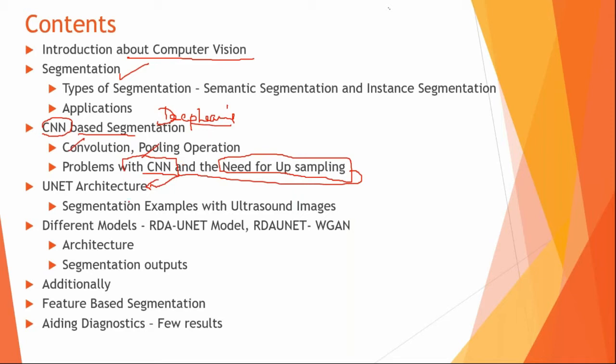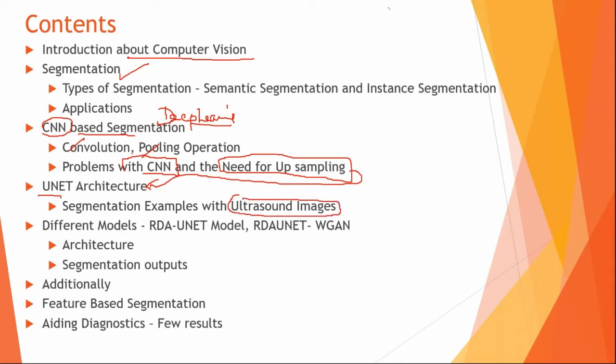Many of you would have come across this architecture called UNet. I've been working on this for quite some time with my master's student in Shantou. We were working on segmentation using ultrasound images. I will explain this UNet and various examples of segmentation using ultrasound images.